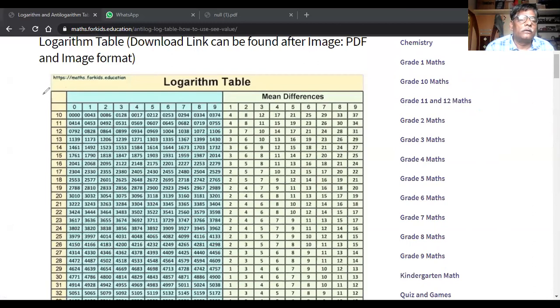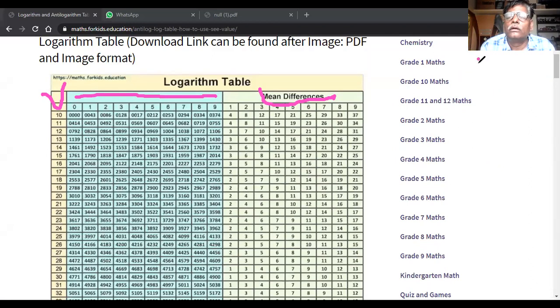This part is called natural number. First two numbers you have to take. And this part is called Mantissa. And this is called mean difference. There are three parts. This logarithm table you have to see.